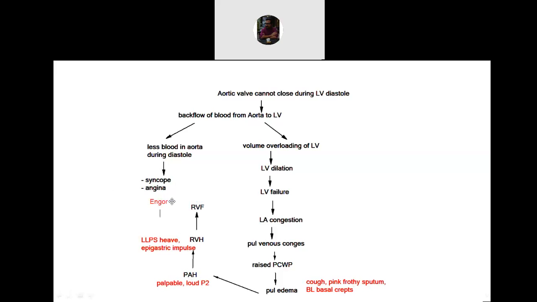The common questions that you get in the Viva are like this. Why are you saying that this is aortic stenosis? So how will you answer this? Anyone? Why do you say this is aortic stenosis? You have to summarize all findings starting from inspection. Never jump into auscultation.